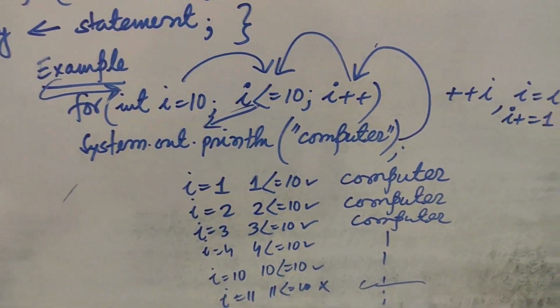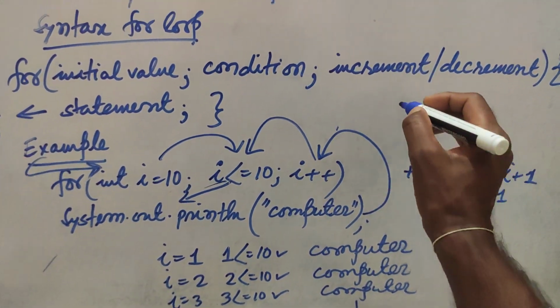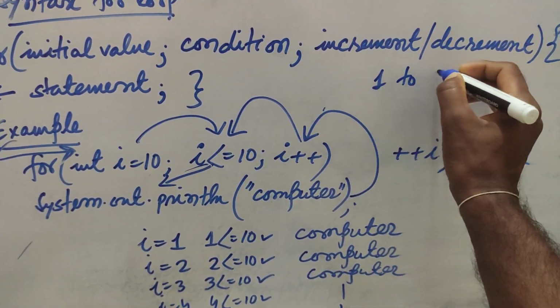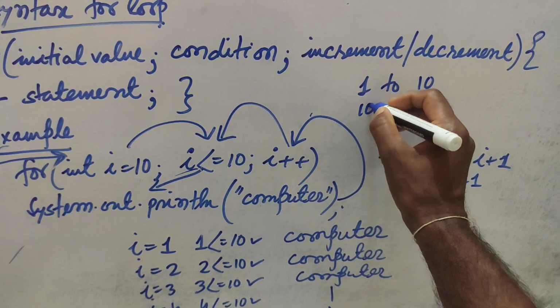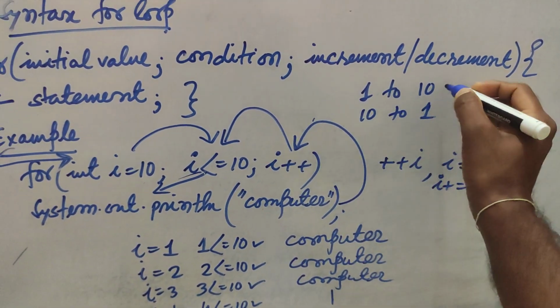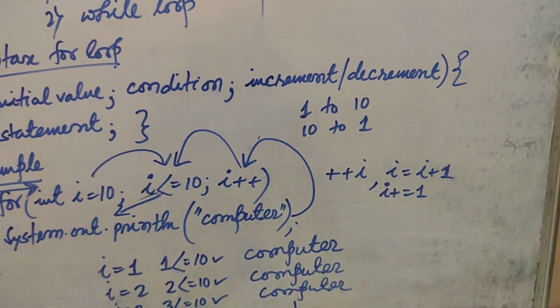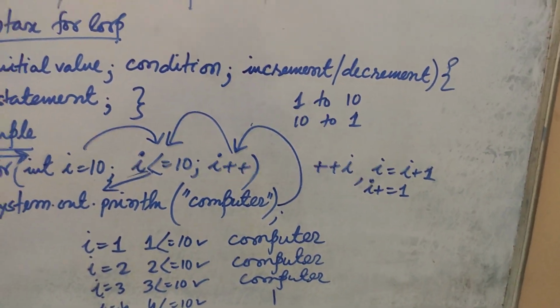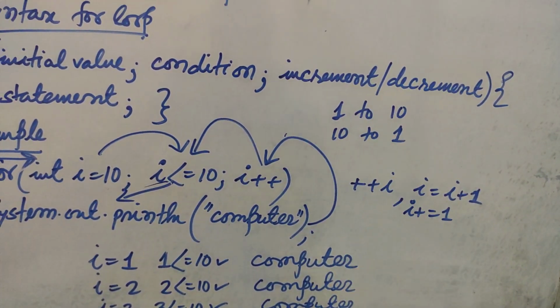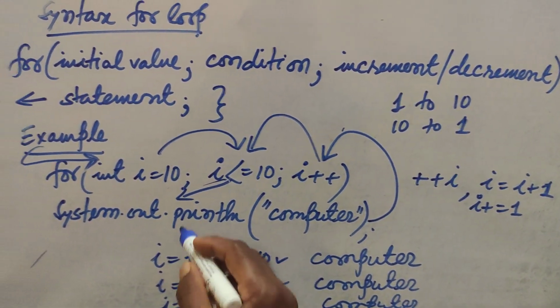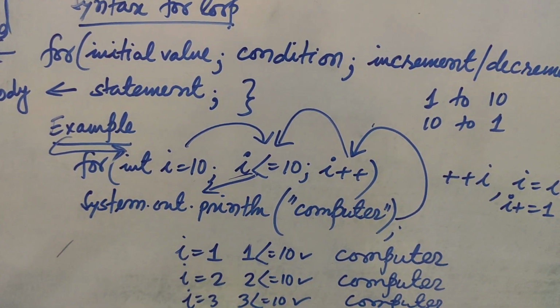That way also we can write 10 to 1 and 1 to 10. Counting is same. Here also the computer counts 1 to 10. Here also the computer counts 10 to 1. Means 10 times. Both 10 times. Why? Now see, if I take here bigger value, I equal to 10.